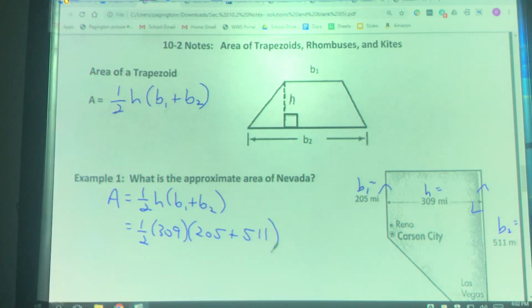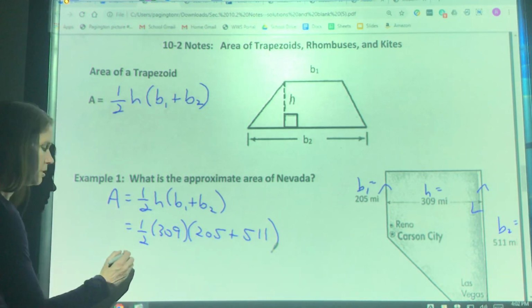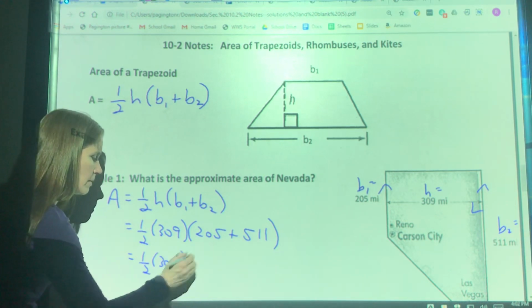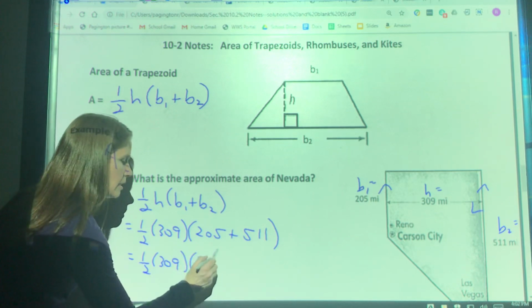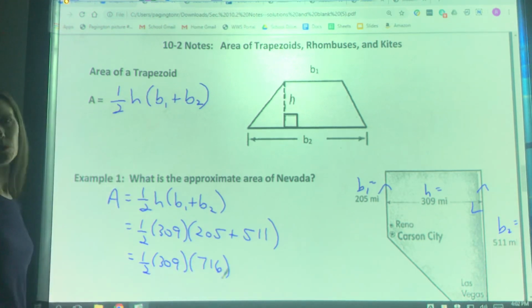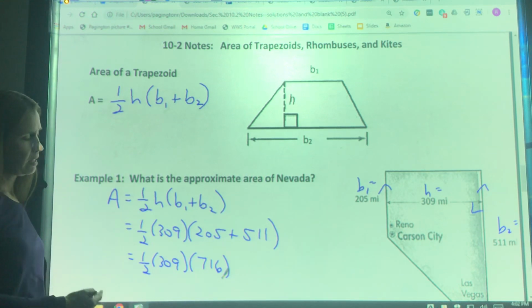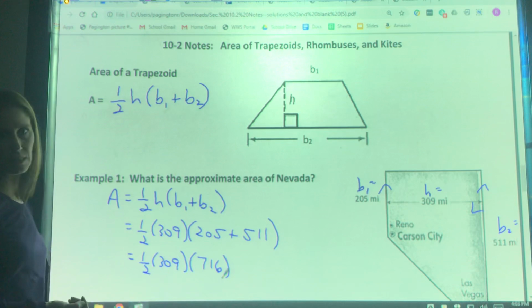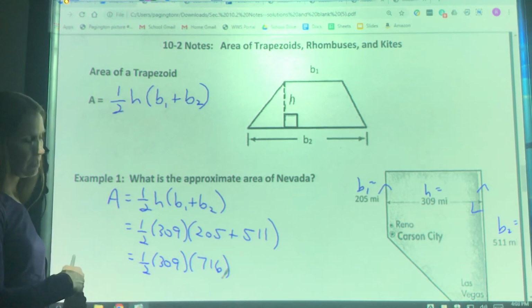Okay, so I like to go ahead and split this up a little bit. I like to go ahead and add what's in the parentheses first, and then I'll worry about multiplying everything. So if I add up 205 plus 511, I get 716. And now if I go ahead and put this in my calculator, similar to what we talked about with the triangle yesterday, I can either do 0.5 times 309 times 716, or I can do 309 times 716 equals and then divide by 2.